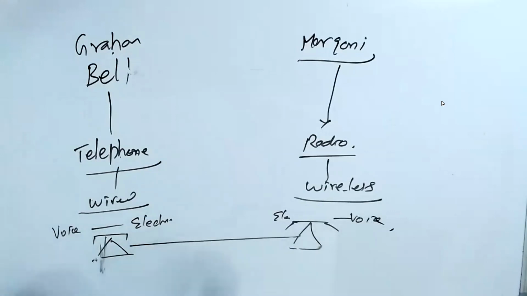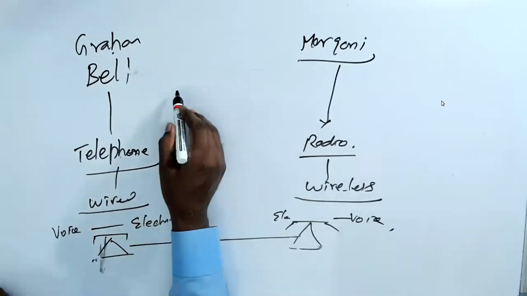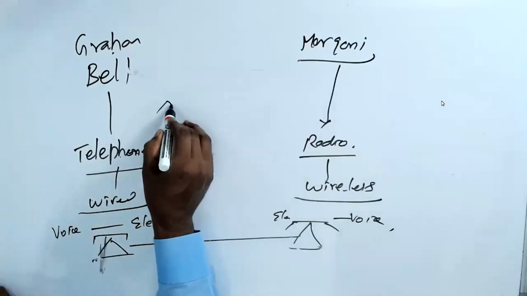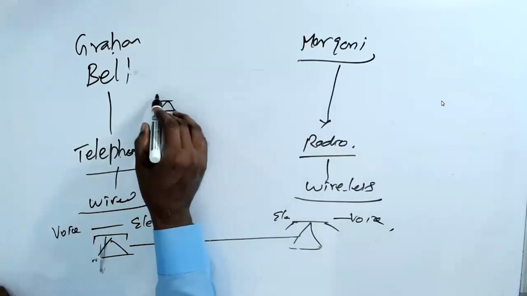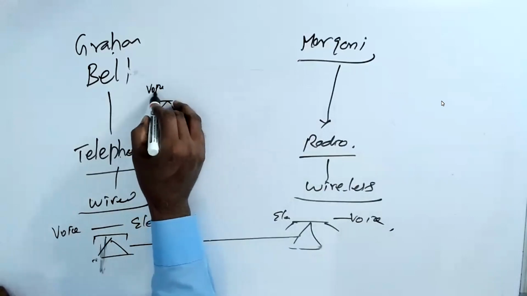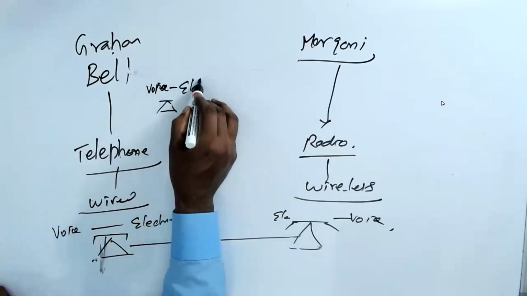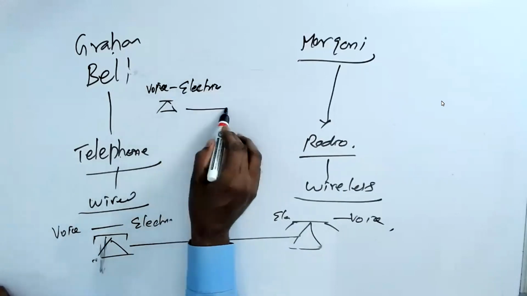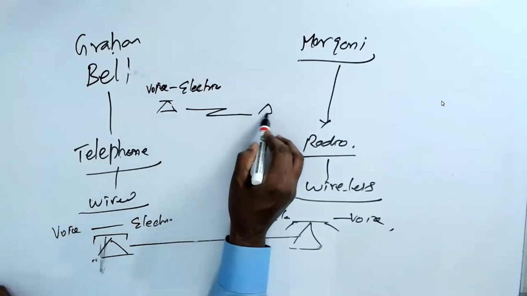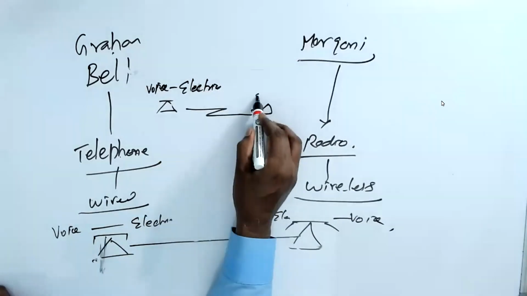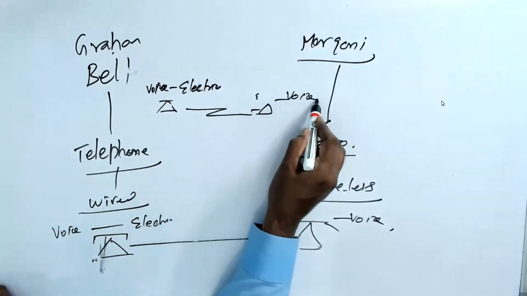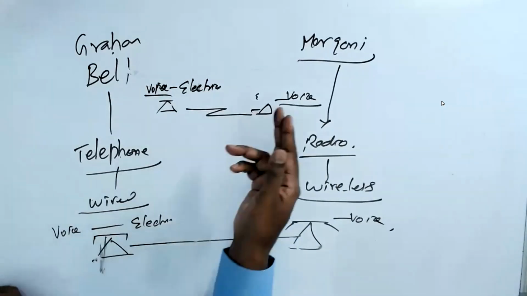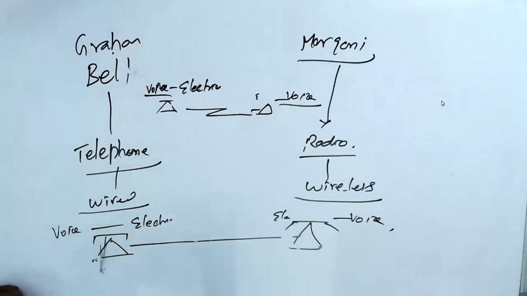What Marconi did was, at one place, convert the voice to electrical, but he transmitted through wireless. On the other side, he converted this electrical signal to voice. Both are the same, but one is wireless, the other is wired.